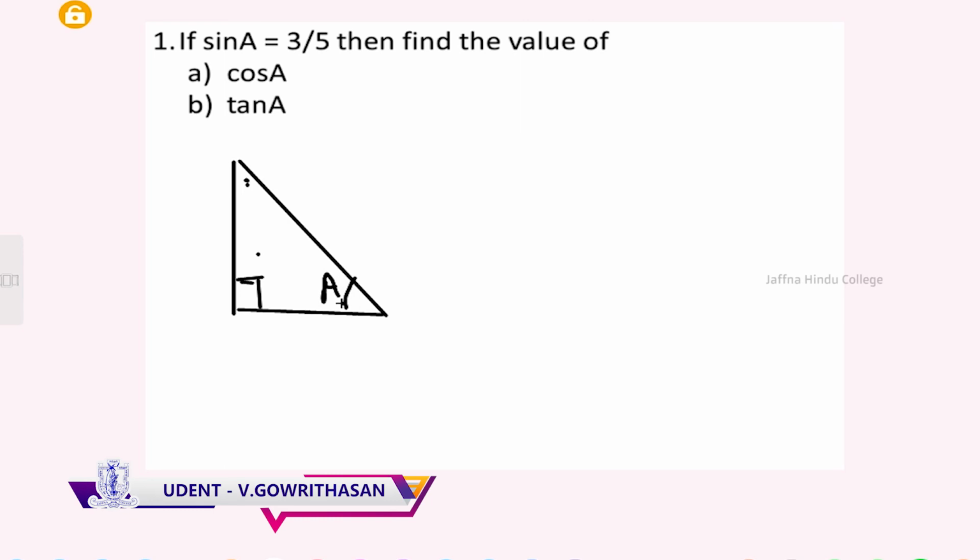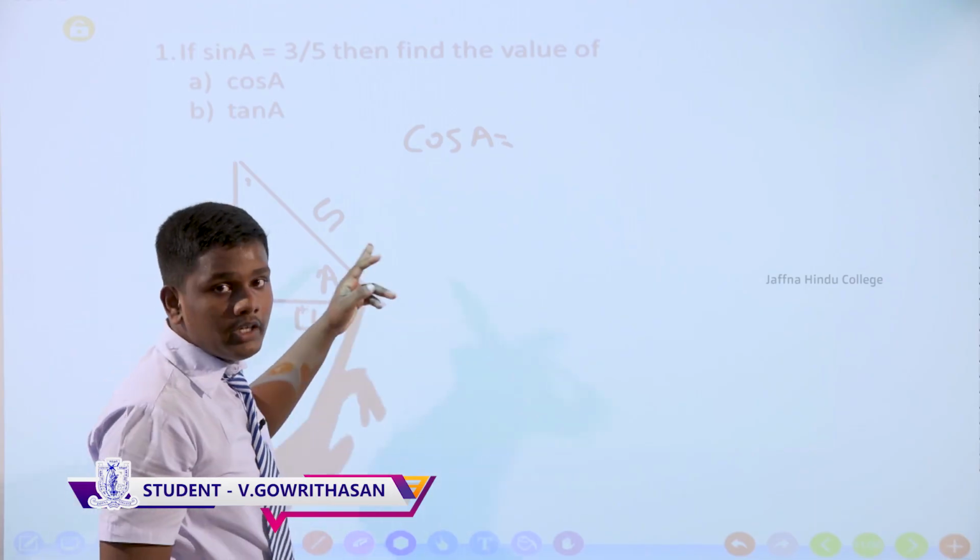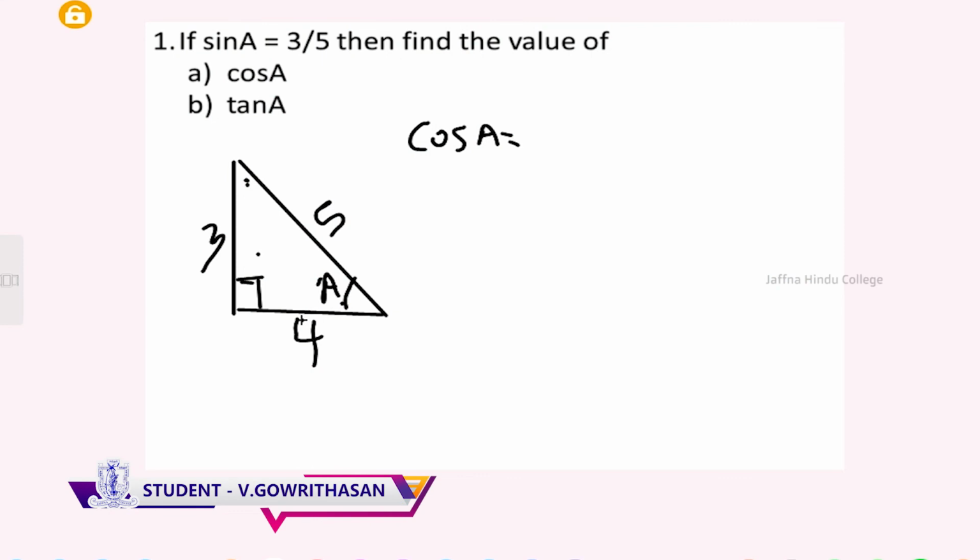Opposite side of this A is 3 and the hypotenuse is 5. By using Pythagoras theorem, we can find this side length. For Pythagorean triples, this side will be 4. Therefore, cos A means adjacent side by hypotenuse: adjacent side 4 and the hypotenuse 5.